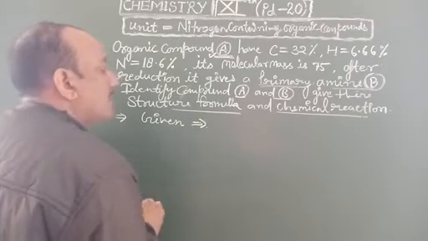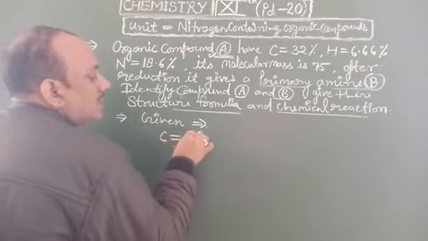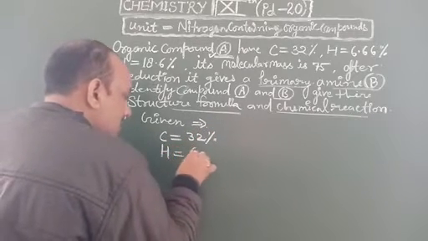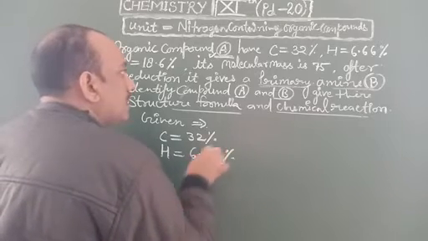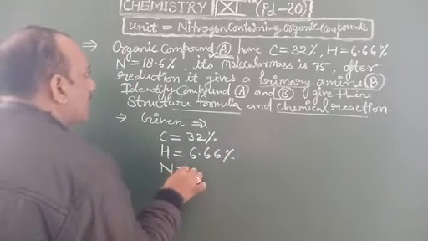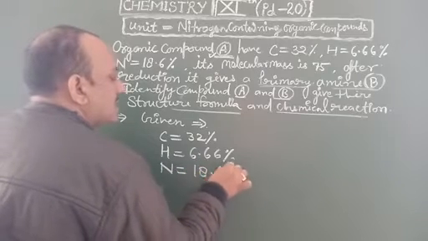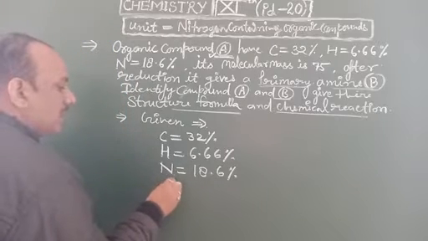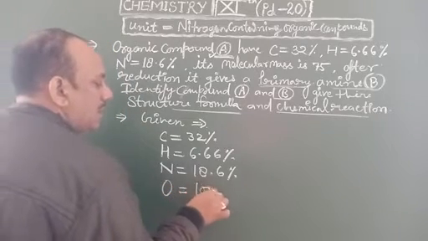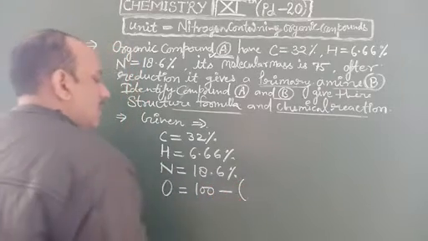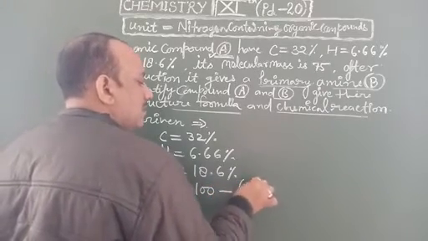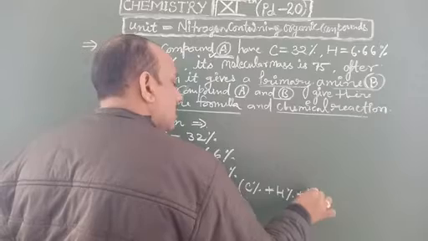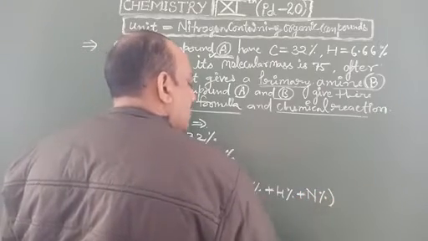According to this, in the question given, C equals 32%, H 6.66%, N 18.6%, and oxygen is 100 minus C percent, H percent, and N percent.